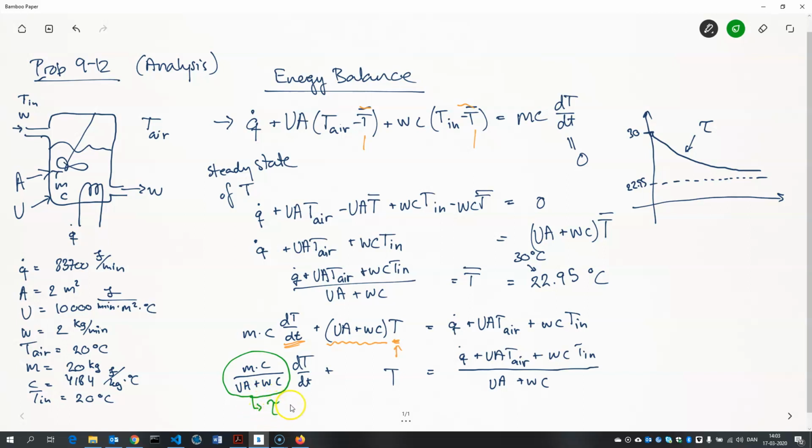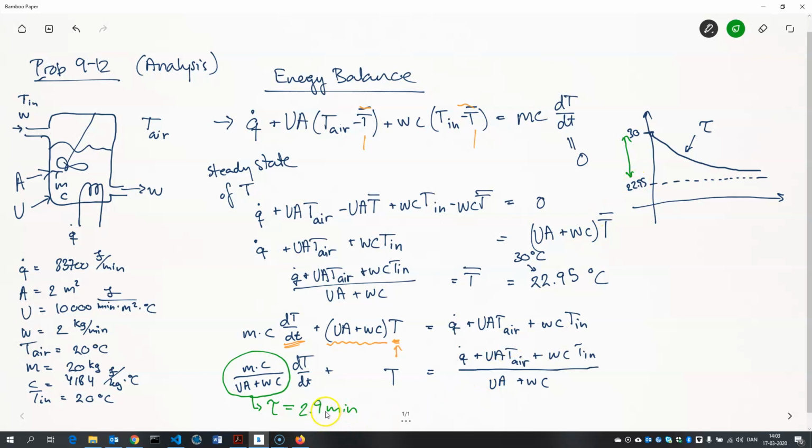So that's it. And the number that I have here in front of the derivative, that is the time constant, or tau as we call it. And if you plug in the numbers into this expression, we get something like 2.9 minutes, a little more than that actually. That tells me that the system will do this change from 30 to 22.95 degrees with a characteristic time of 2.9 minutes.